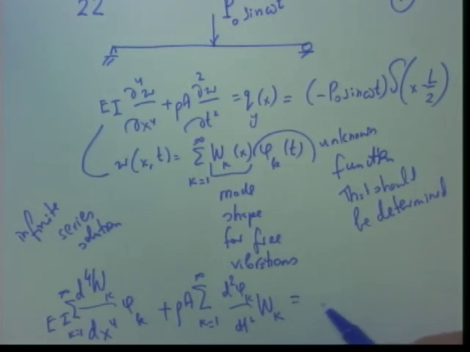And this equals minus P sub 0 sine omega t delta function x minus L over 2.